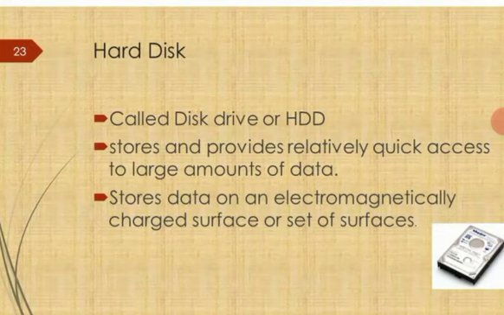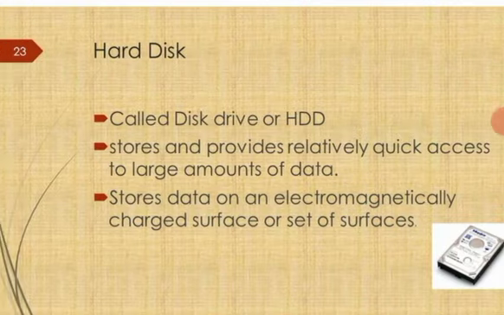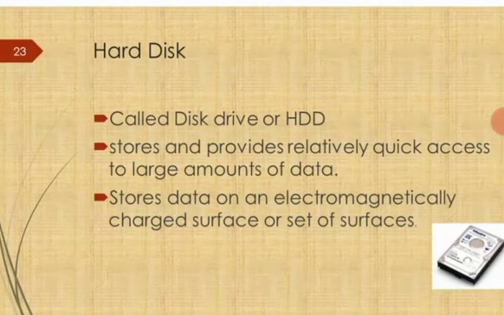A hard disk stores and provides relatively quick access to large amounts of data. The difference between a hard disk and a ROM is that a hard disk can store a large amount of data, up to 1 terabyte or even more than that, while a ROM stores just a limited amount of data.